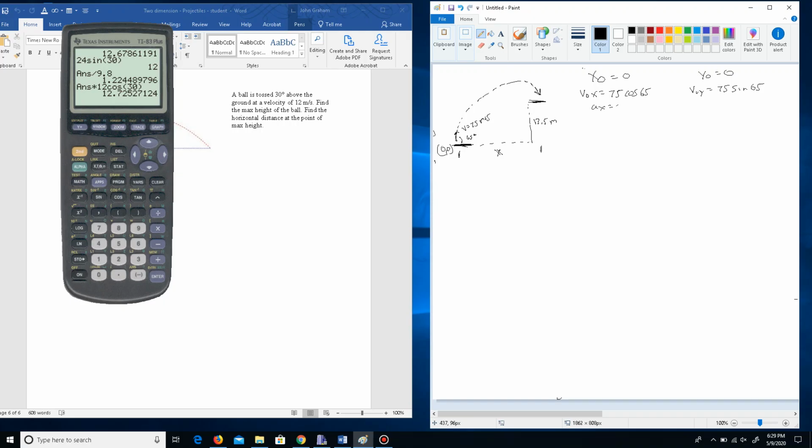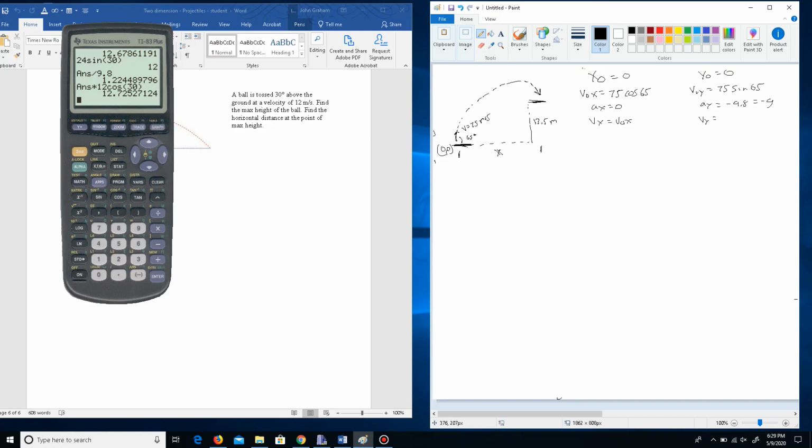My a sub x is equal to 0, so v sub x equals v sub 0 x. My a sub y, I'm going to make down negative, is negative 9.8, or negative g. And I don't know my v y. I don't know if it's going to be important for this right now. Maybe we can find it later.